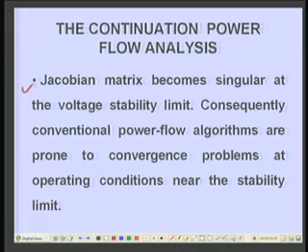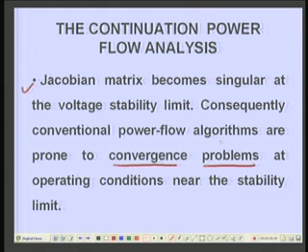As we know, if you operate near the critical point or at the critical point, the Jacobian matrix becomes singular at the voltage stability limit. Consequently, the conventional power flow algorithms are prone to convergence problems. The moment the Jacobian becomes singular, convergence problems arise.